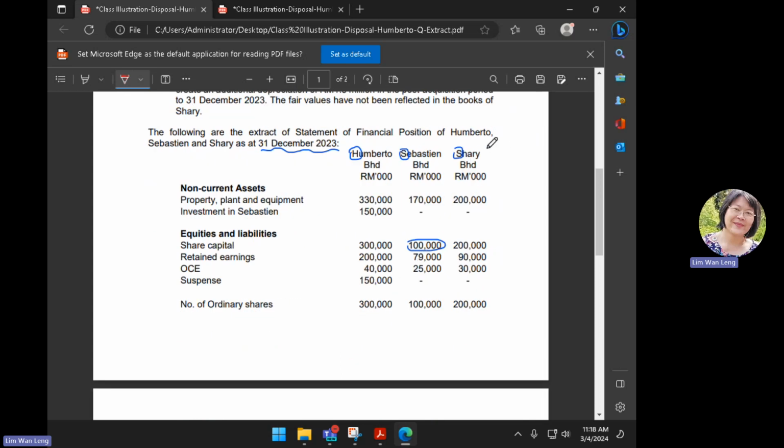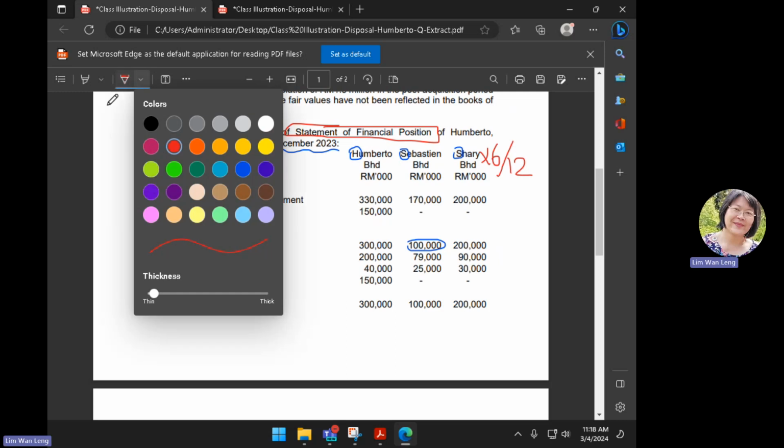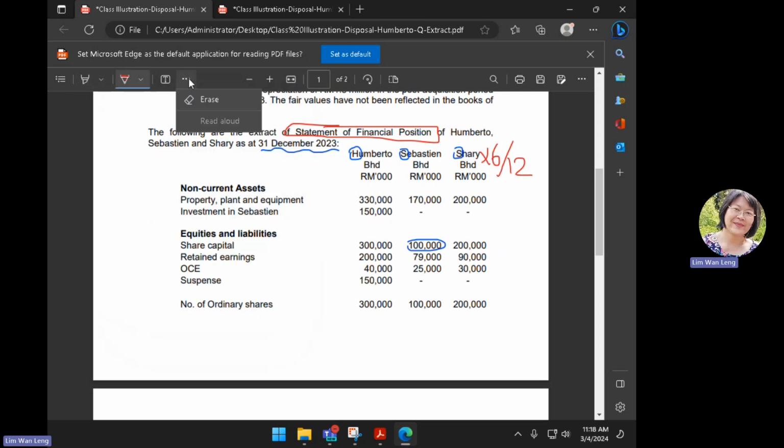So 6 months into the year, you must remember this. Of course, you don't go and put times 6 out of 12. Why? Because this is SOFP. SOFP, do not pro rata. You pro rata, half this. Okay? Don't pro rata.